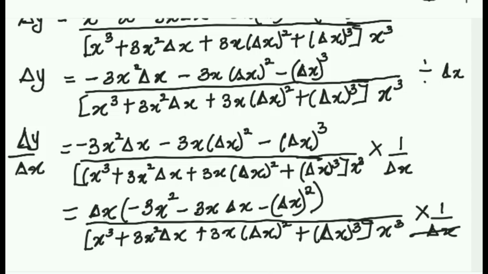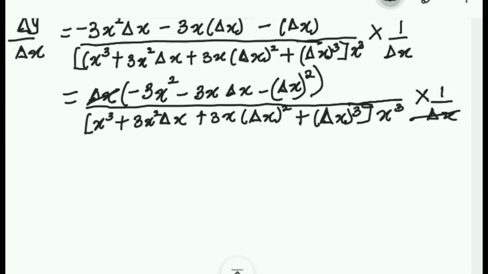So when you look at this, change in x cancels out this change in x here. And so at this point, we introduce our limit, which is change in x tends to 0. So at this point, I'm going to have this be 0, this also 0, this also 0.